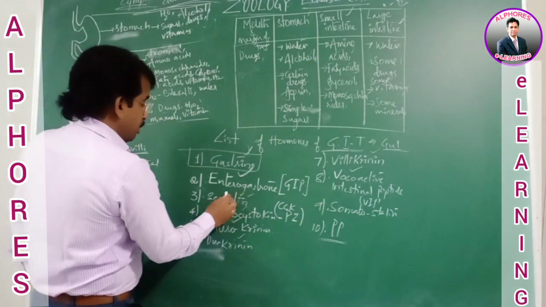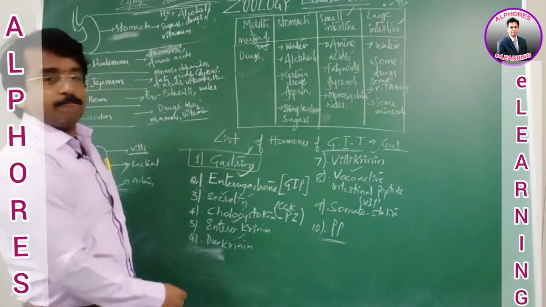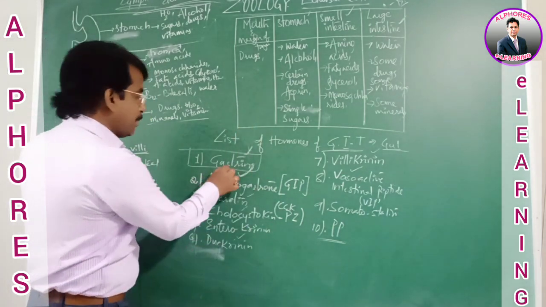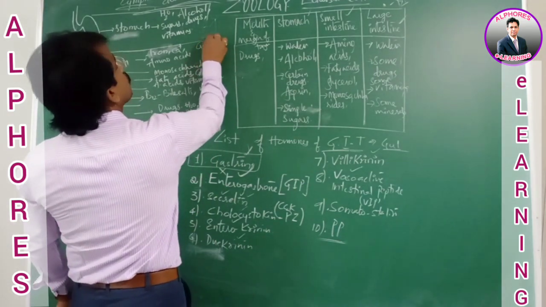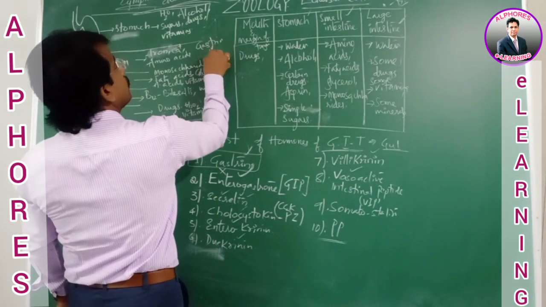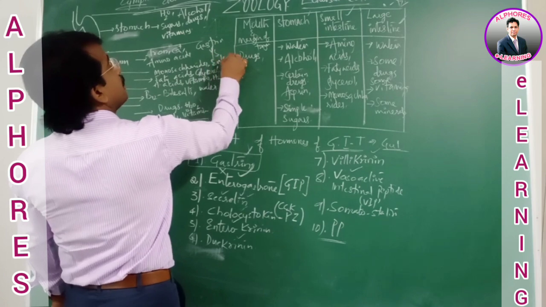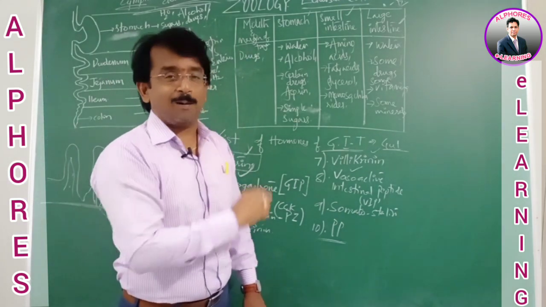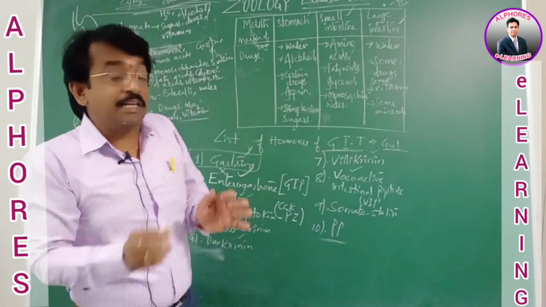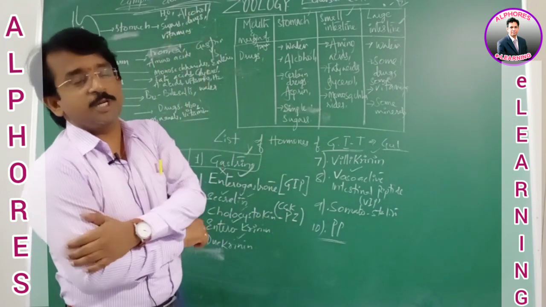So these can be discussed as gastrin and enterogastrone. The point to remember: gastrin and enterogastrone are antagonistic, like the list we have seen earlier.